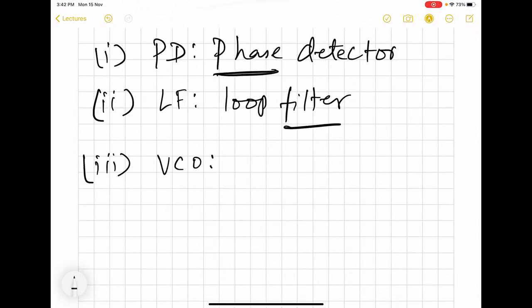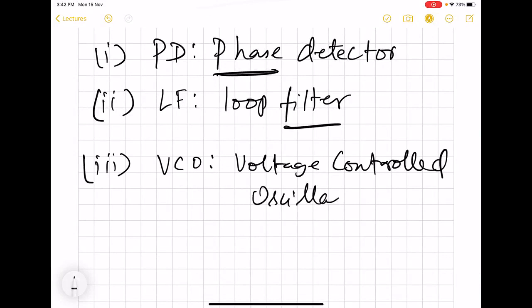VCO is voltage controlled oscillator. As was pointed out, one of the key building blocks is going to be the oscillator.